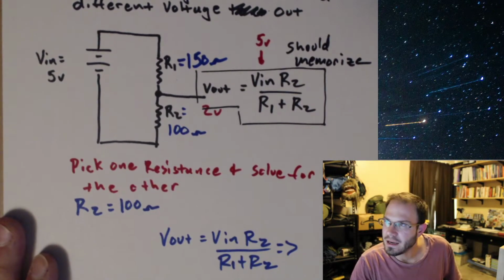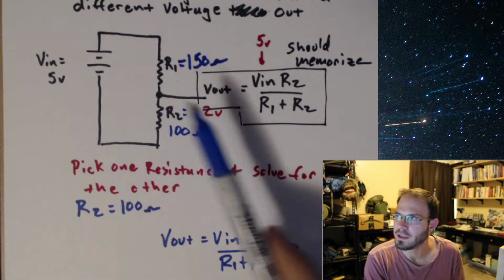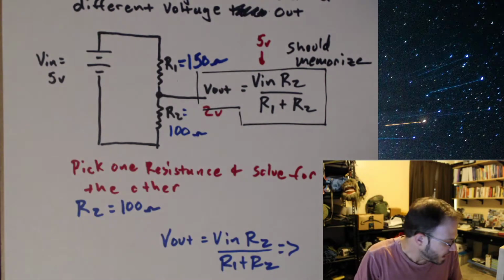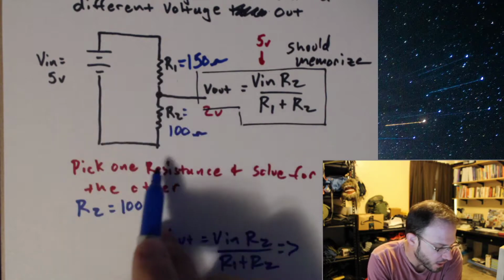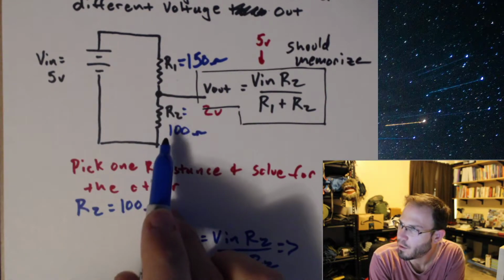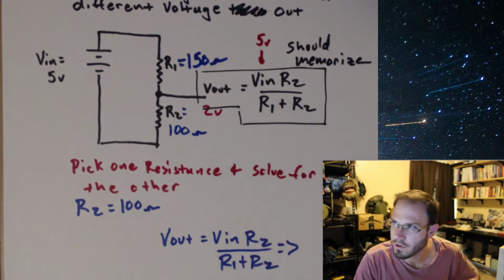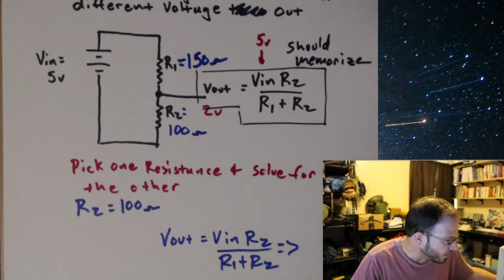Okay, so in our example, we put in 5 volts and we get 2 volts out. Now, I hate putting up an equation when I know that we can actually just solve for this very straightforwardly. So let's see how we can do that.